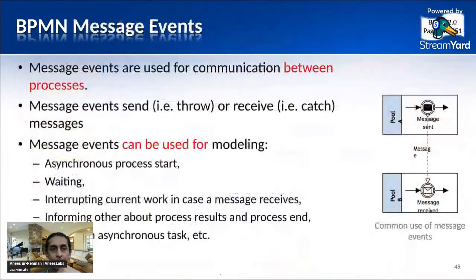Now we talk about BPM and message events. I already discussed that message events are normally associated with any message-oriented middleware. You can use any MOM middleware based on the JMS spec.